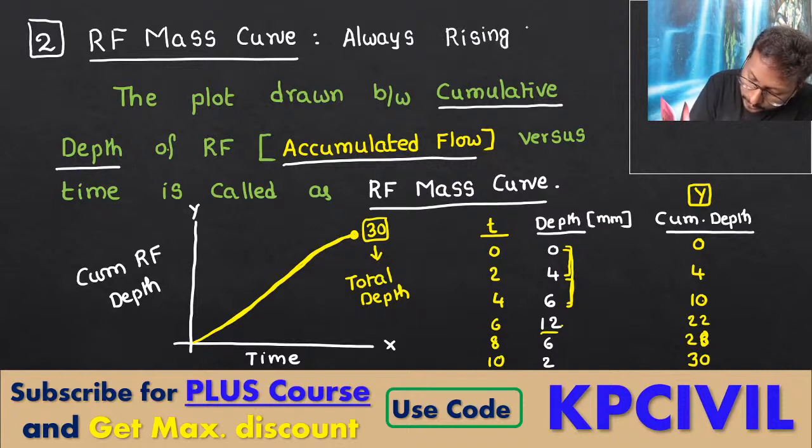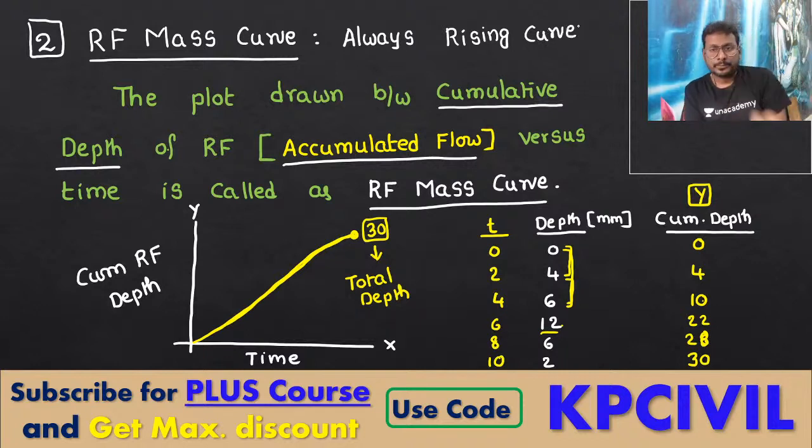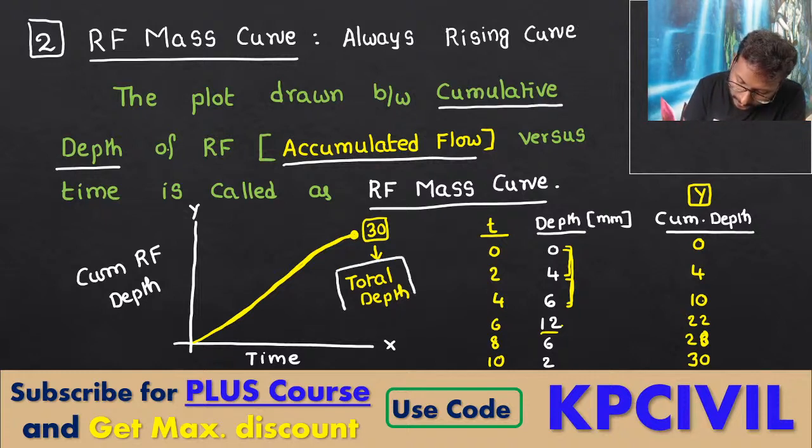Is there any possibility of a rainfall mass curve having a falling portion? No, it is always a rising curve; it always goes on increasing. Its final output provides the total depth of rainfall.